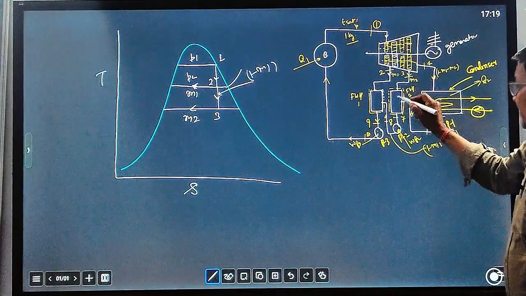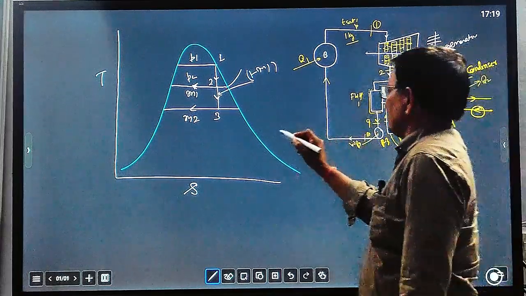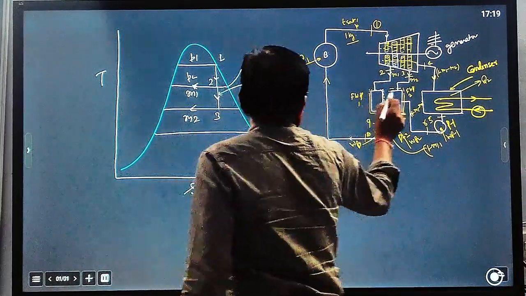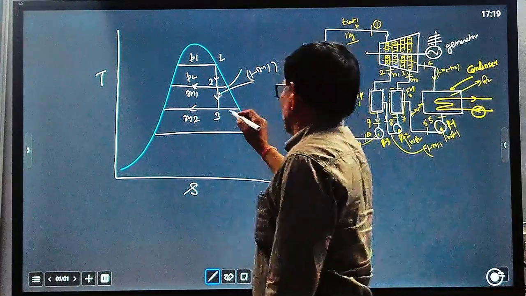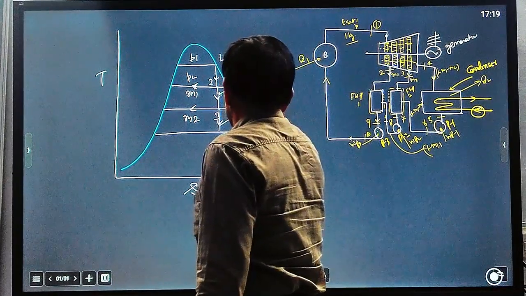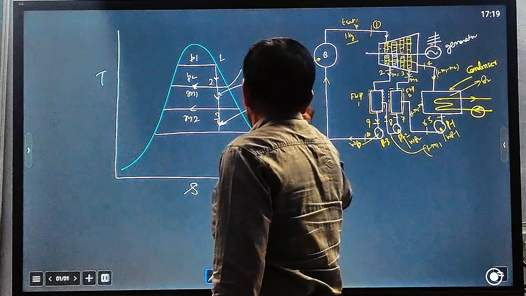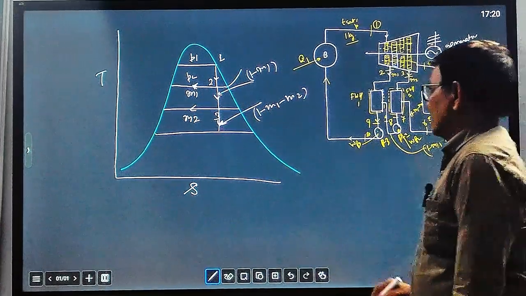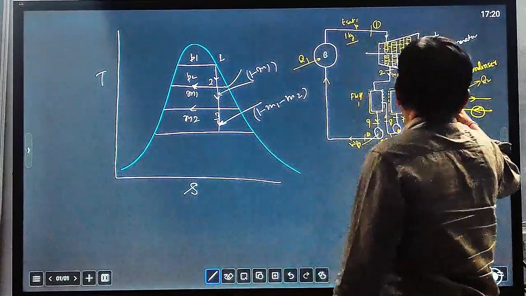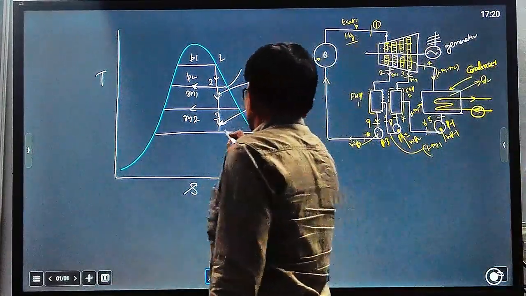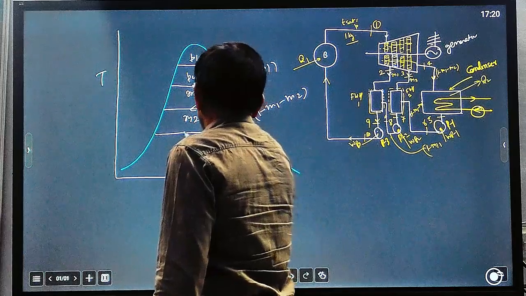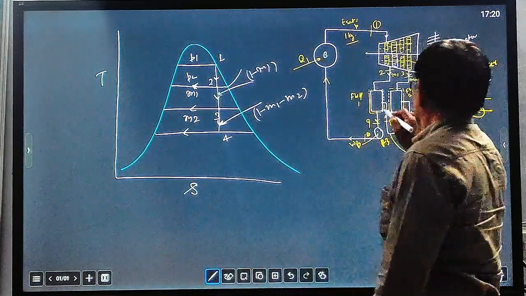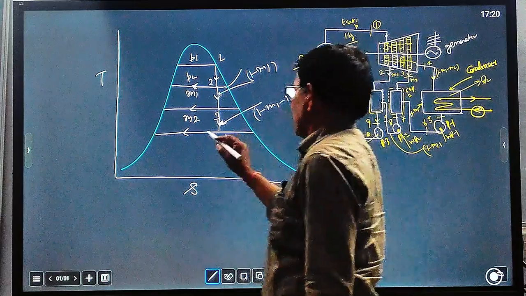The remaining quantity, 1 minus M1 minus M2, will go to the condenser. Condenser state is 4, and 4 to 5 is a condensation process.